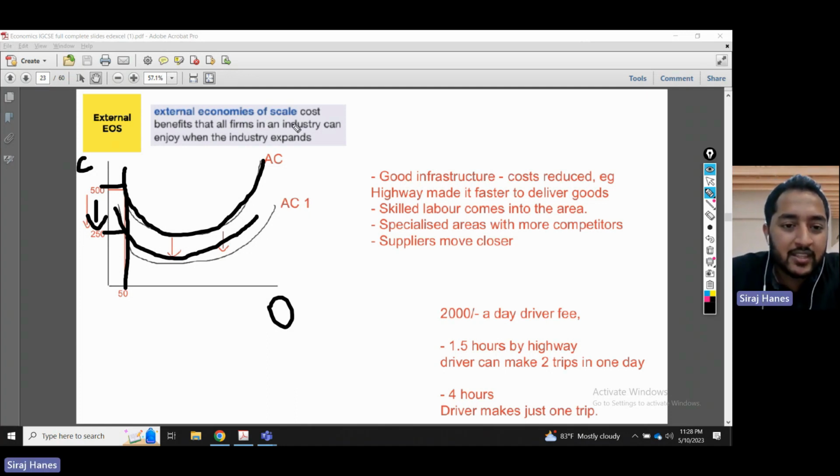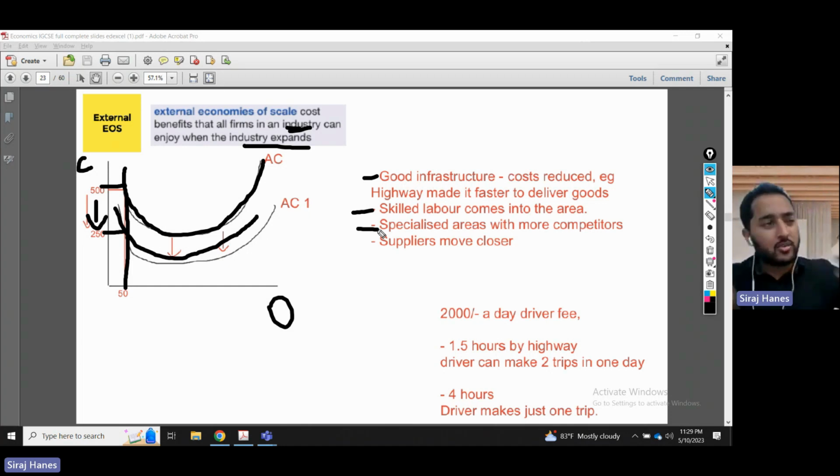This is because the industry is expanding. Maybe the government put up a nice highway. Costs are reduced for transport. Maybe all the skilled labor is coming to the area. Cheaper to recruit labor. Maybe there's a lot of specialized area with competitors. It's good because everyone now knows if you want to buy chocolates, it's in Switzerland in this town. You want to buy tech parts, you go to Silicon Valley. It's all specialized.